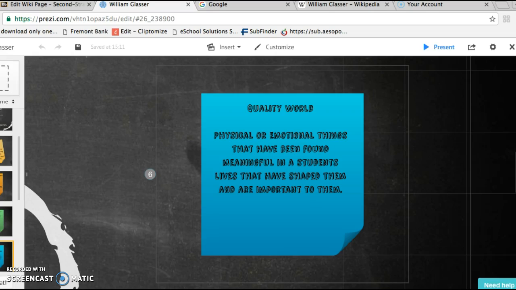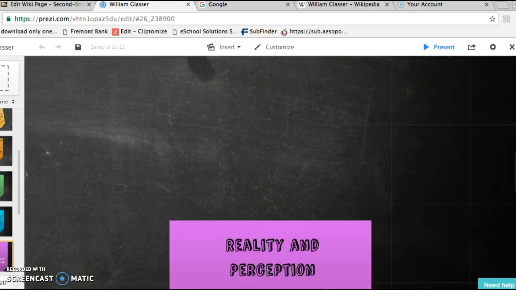If it's not meaningful, we're not going to remember it, and that's one of the key things William really wants people to understand: if there is no meaning, then our students are not going to learn. So we need to make sure that our students trust what their teachers are saying and also know how important the topics we are discussing with them are. And that's pretty much the breakdown of quality world.